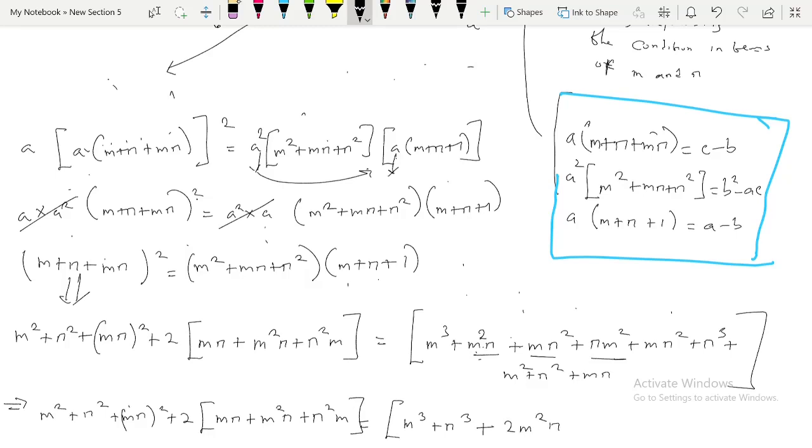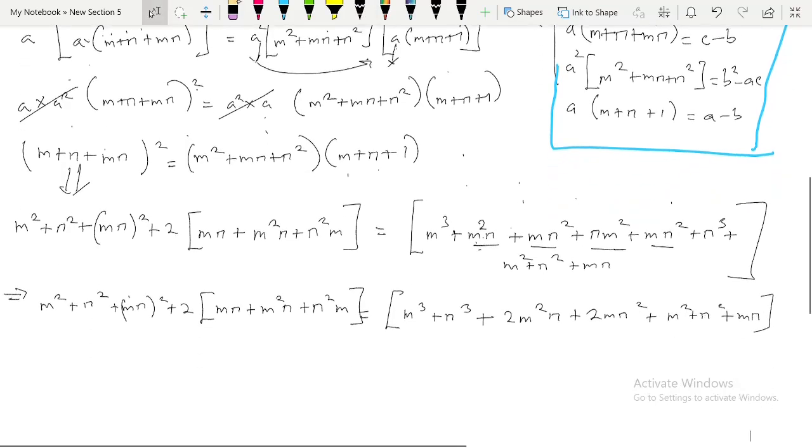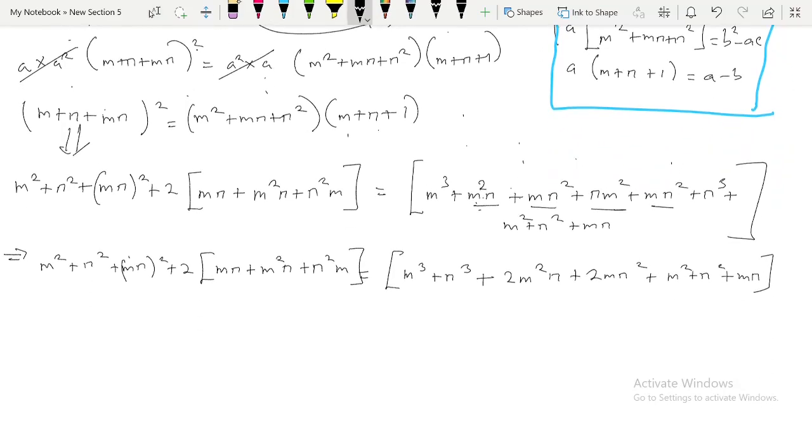Then mn square here plus mn square here, 2mn squared plus m square plus n square plus mn, right? So if you observe, if you remove brackets, m square takes out m square on this side, n square takes out n square on this side. They just subtract each other out.